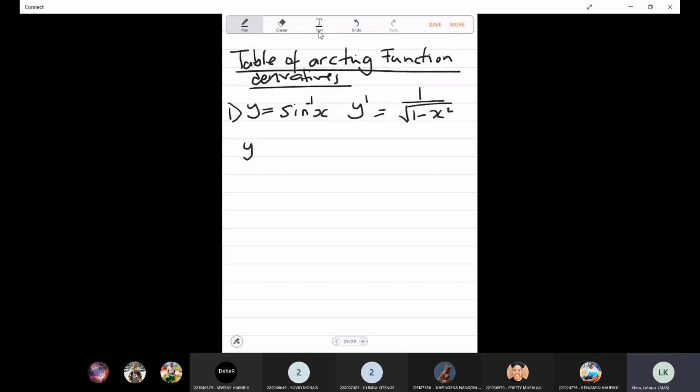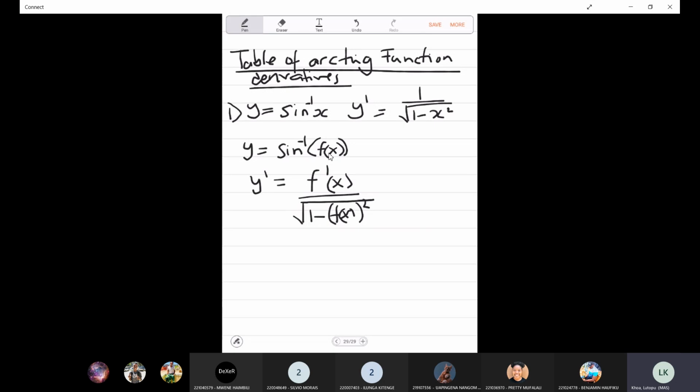So if y is equal to sine inverse of f of x, then y prime is equal to f prime of x over the square root of 1 minus f of x squared.